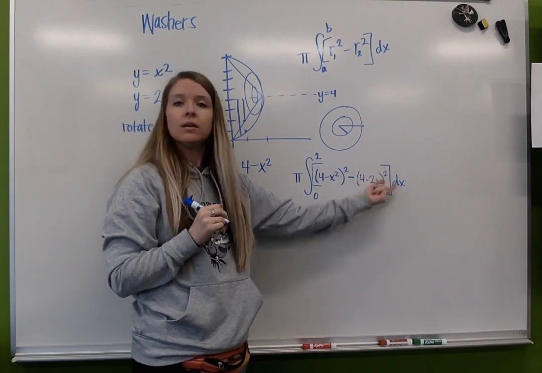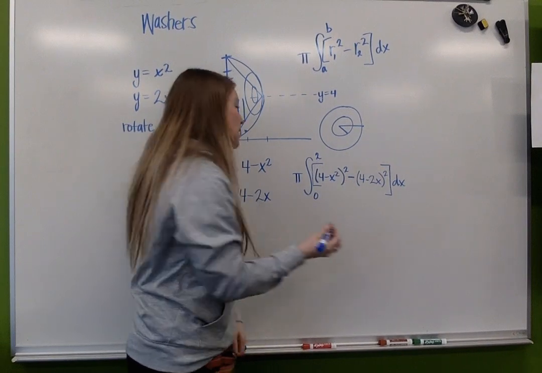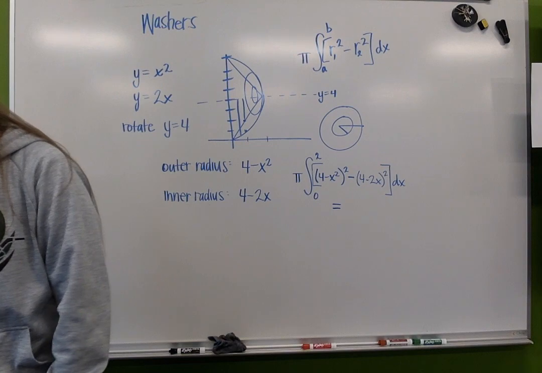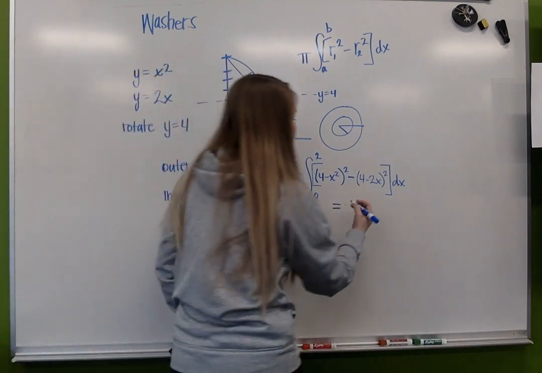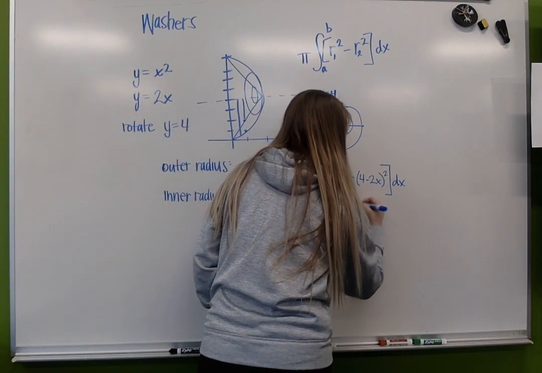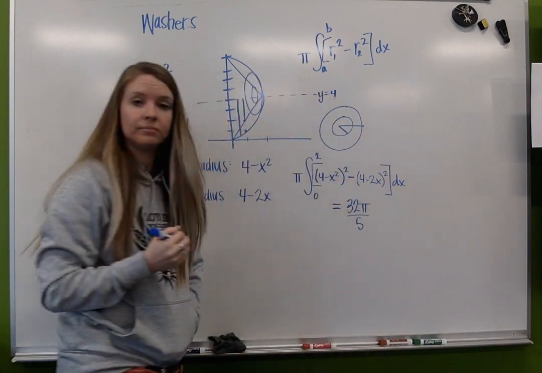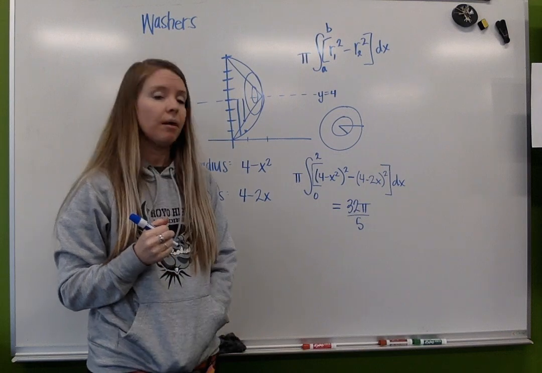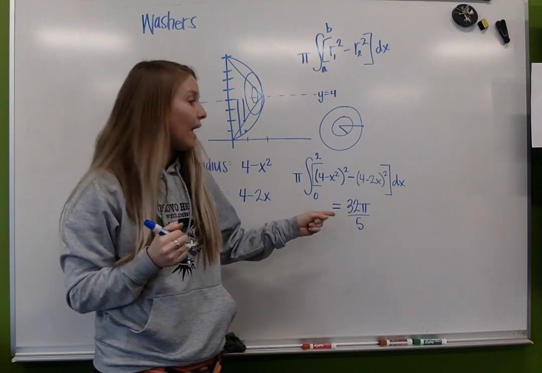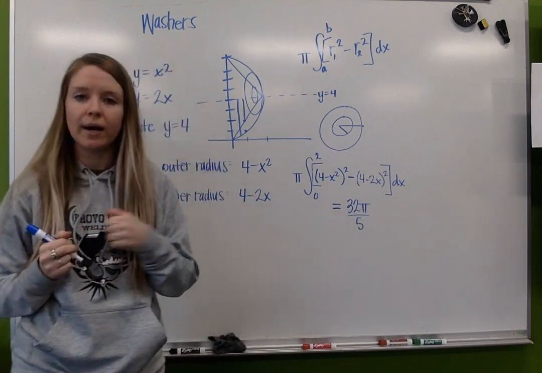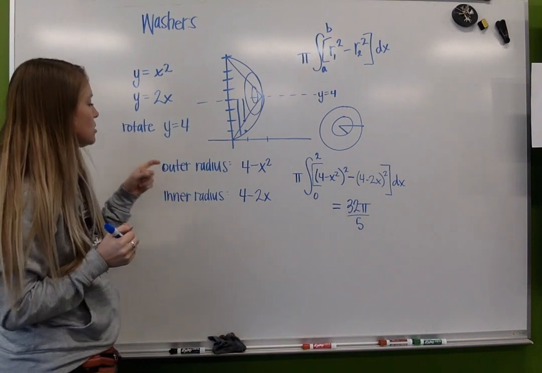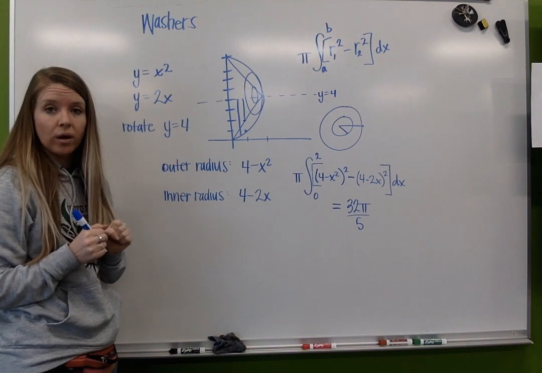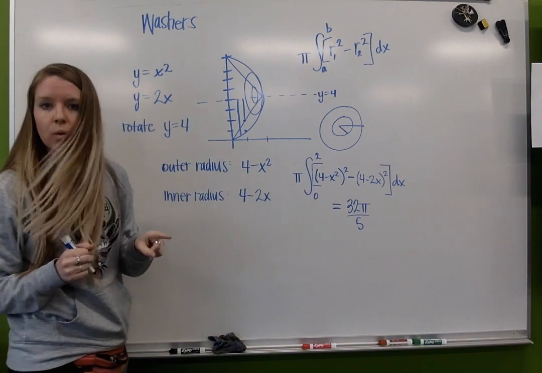FOIL, FOIL, combine like terms. If you do all of your algebra here, you will end up with the answer 32 pi over 5. Okay? So give that a try, see what you can come up with. 32 pi over 5 will be your answer. So this was rotating around the line y equals 4. We're going to do one more.